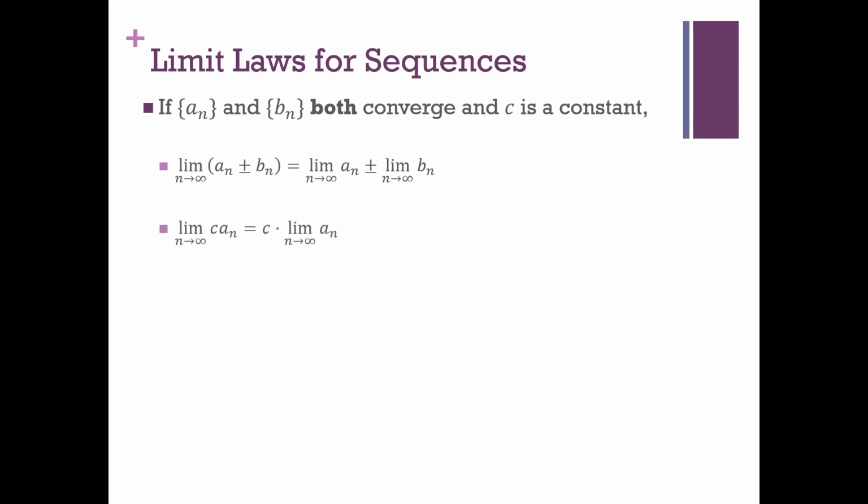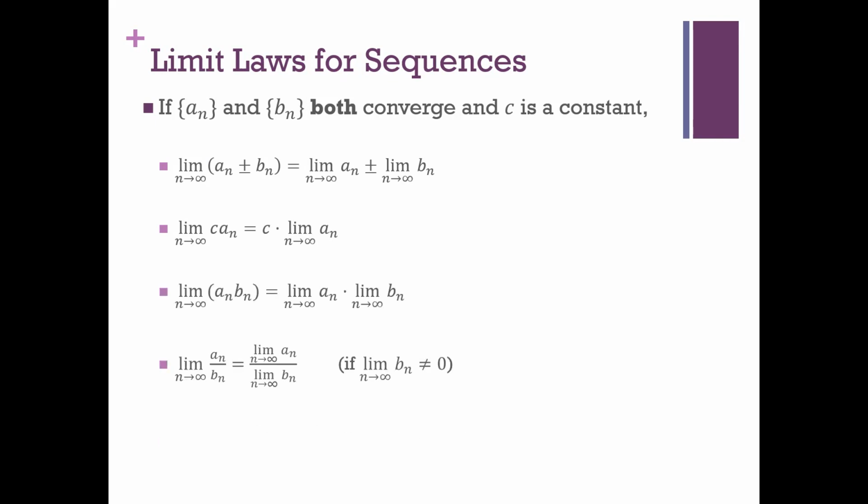If I have a convergent sequence and just scale it by a constant, then the limit scales too. The same holds true for products of the sequences. If the sequences converge, then the limit of the product is the product of the limits.